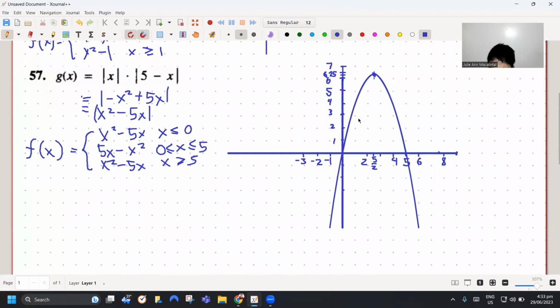Ngayon, that's the graph of 5x minus x squared. Yung pinapag-graph sa atin ay absolute value of x times absolute value of 5 minus x.